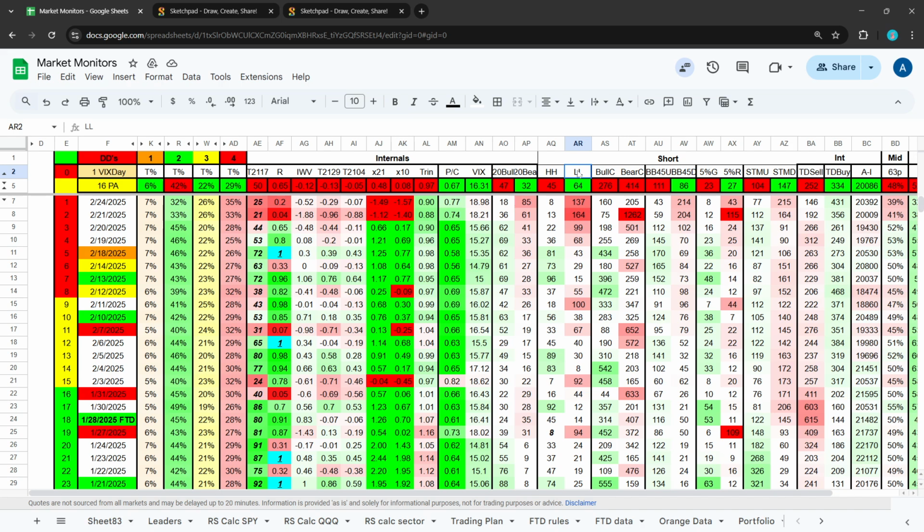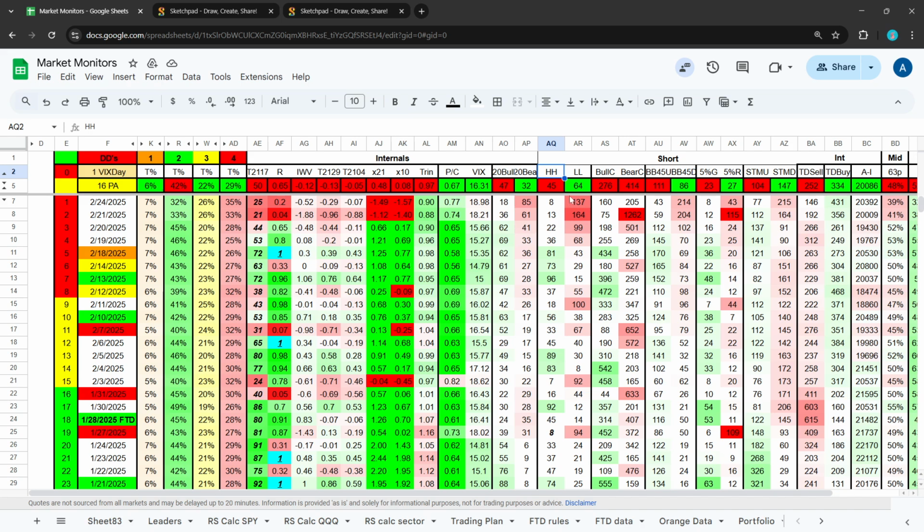Okay, HH and LL. So HH is the number of stocks that are making higher highs from yesterday, with $100 million or more dollar volume. So $100 million has gone into the stock during the day or come out of the stock in a day.